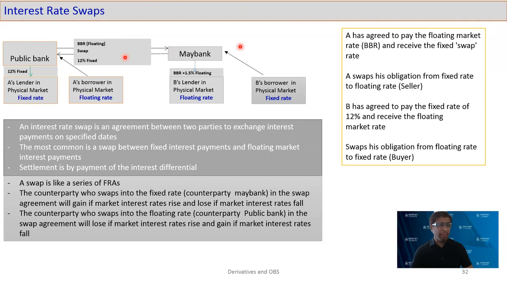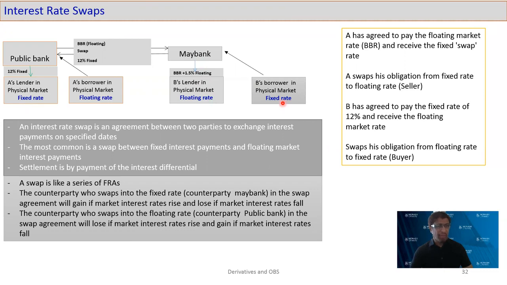Let's go to another bank. Now, Maybank, for example, is taking just the opposite position. The lenders of Maybank are on a floating rate, assuming he is issuing CDs. Now, the CDs, which is certificate of deposit, is a floating rate. He takes all this money from the market and gives housing loans at a fixed rate.